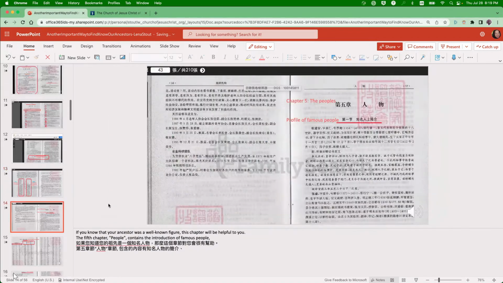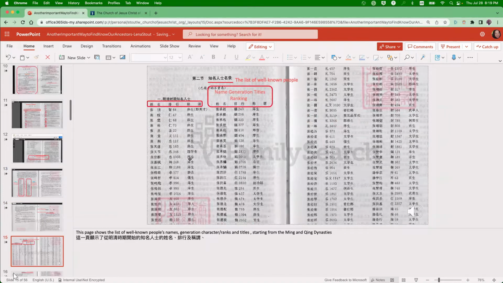Right here in chapter 5, they're talking about the people, and in section 1 there's a profile of famous people. Every famous person from this village is listed: what they did, why, and when.